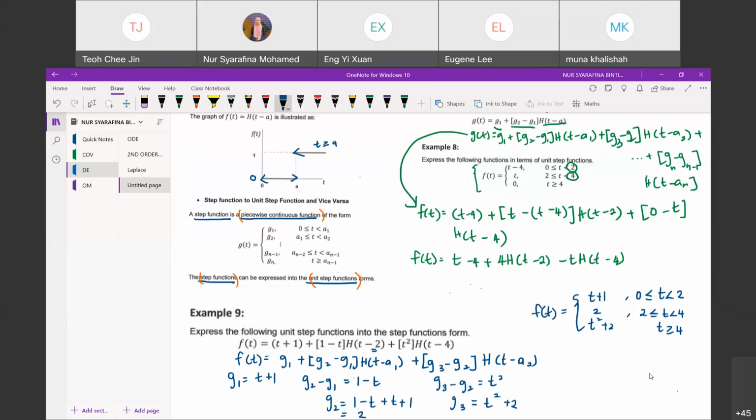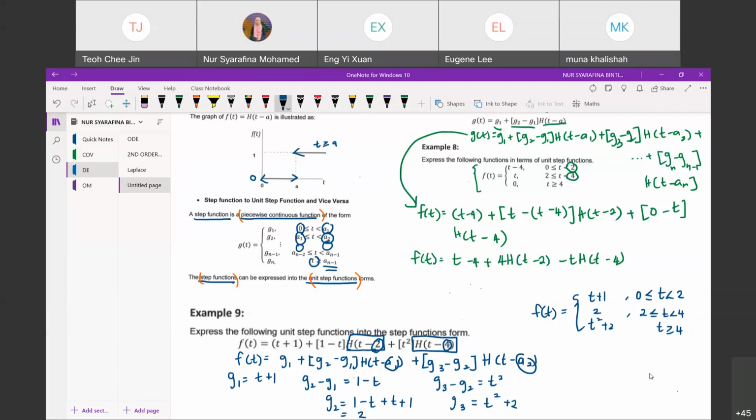The range is obtained from here. You know that this is 2, this is 4. So we have a1 here, we have a2 here, right? So you know that this piecewise function always starts from 0 to a1, and then a1 to a2, a3 to a4, until t greater than a(n minus 1). So the range is obtained from the limit in the unit step function given here.